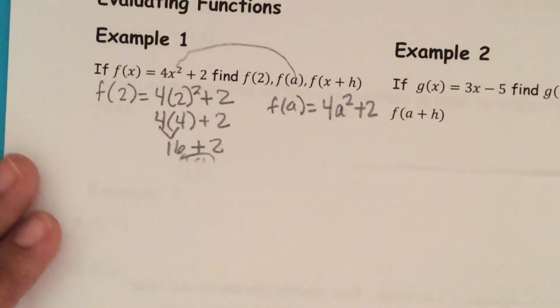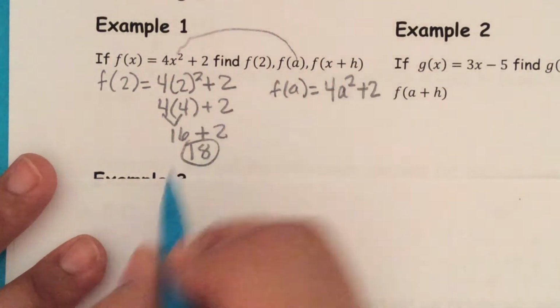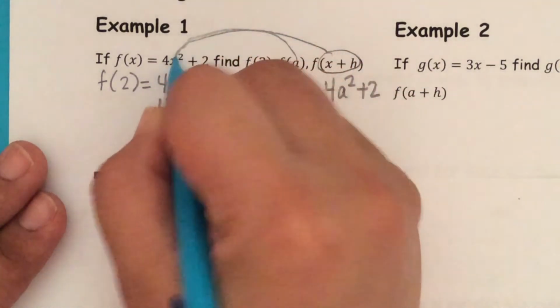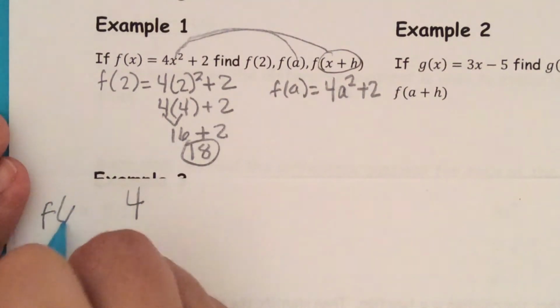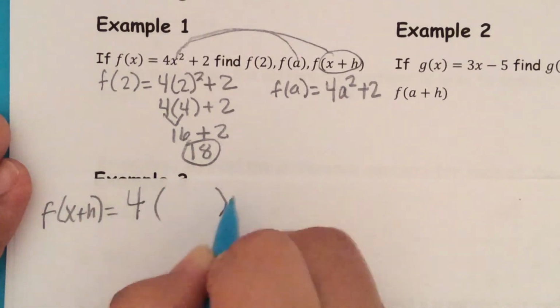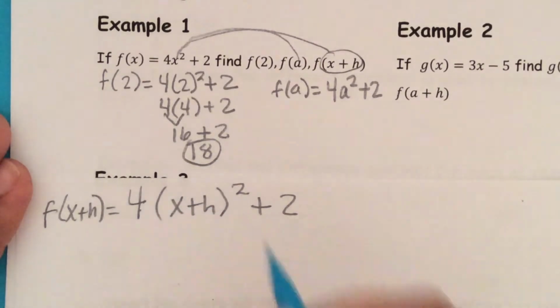What I'm going to do right here is plug all of this into the x squared. So you're doing f of x plus h. So you're going to do 4, and in parentheses squared, that's where you put the x plus h.